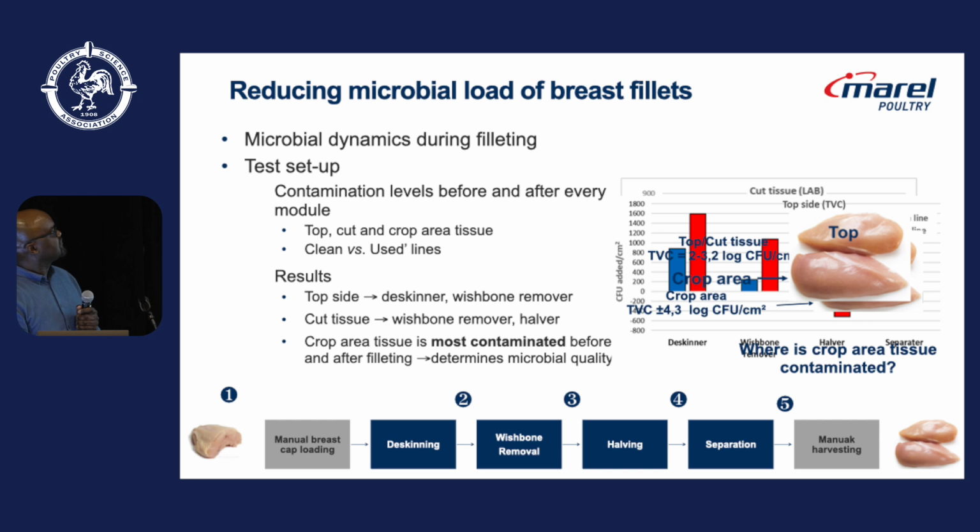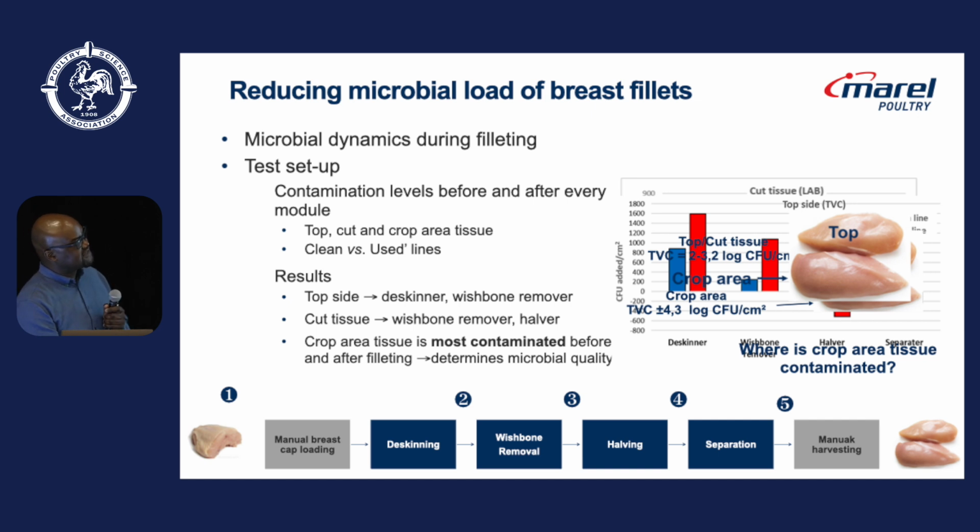As an example of the results, for the top side, I have a graph here that shows the numbers of bacteria that were added in each module on a clean and a used line, still on the top side of the fillet, and again the total viable counts. You can see that the de-skinner and the wishbone remover are the ones that really were adding bacteria to the top side of the fillet. Afterwards, there was more exchange, so cross-contamination, in the remaining 2 modules of the automated filleter.